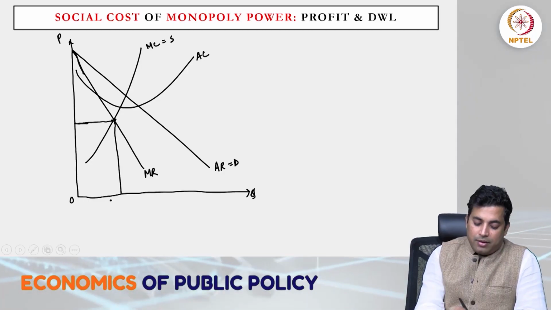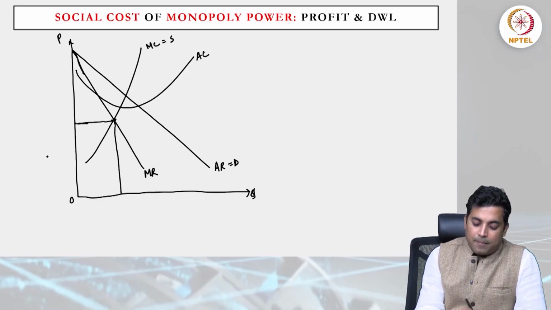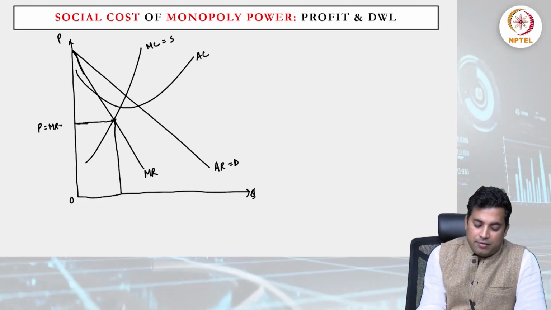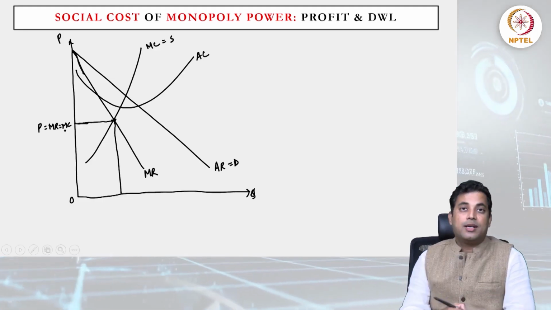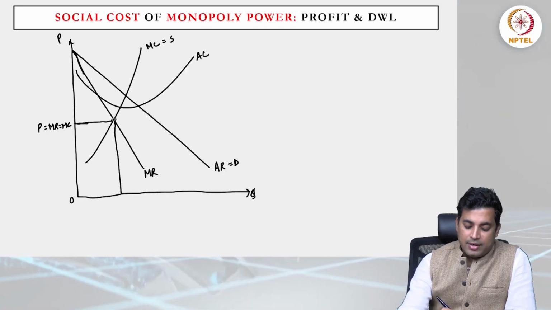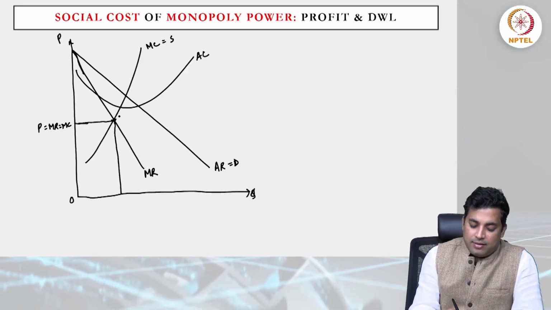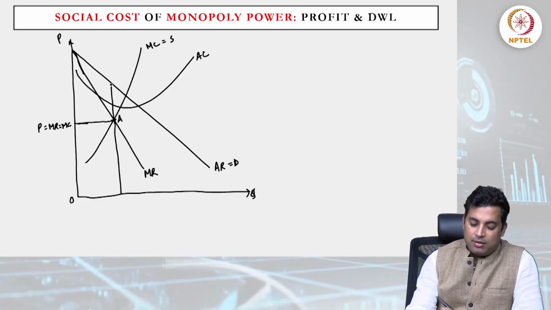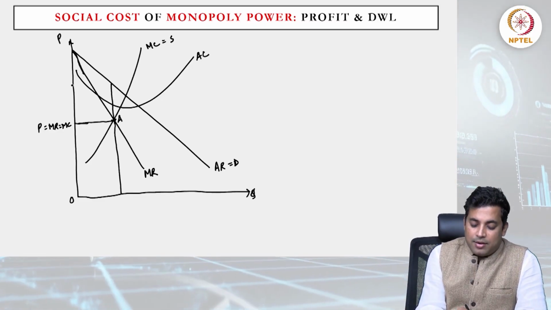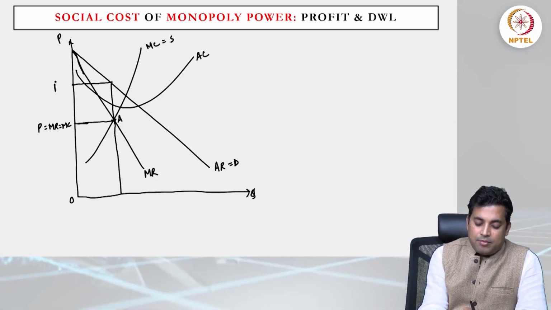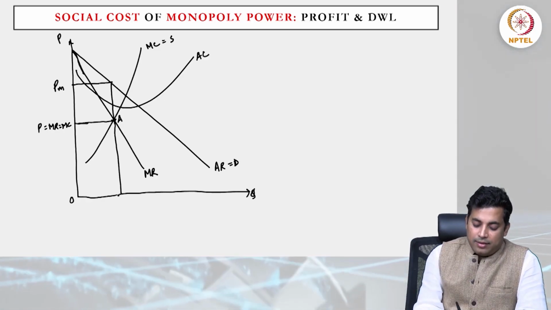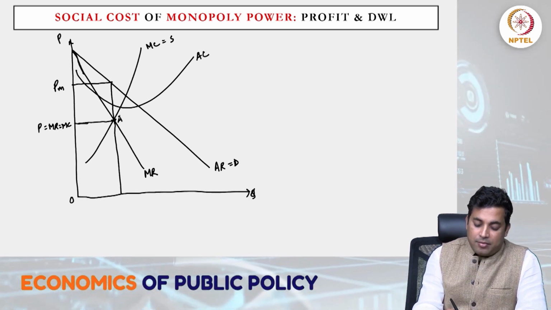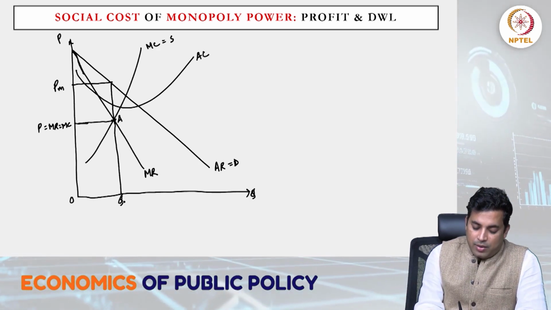So here, at the point where marginal revenue and marginal cost are equal, point A, the price under monopoly is set at PM and the quantity at equilibrium A is QM.